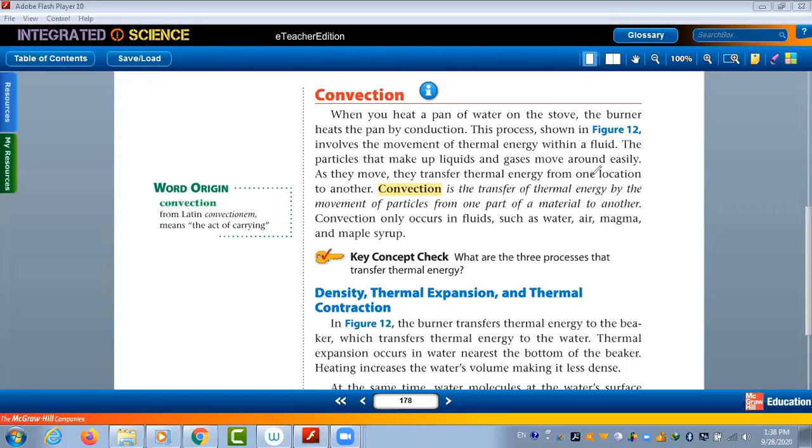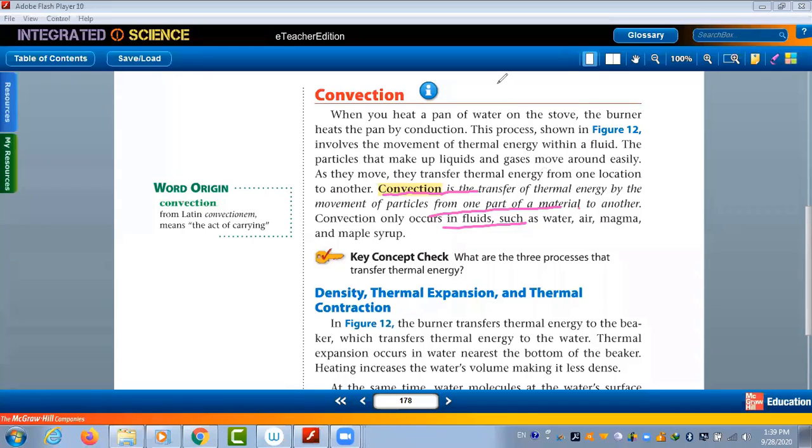The particles that make up liquids and gases move around easily. As they move, they transfer thermal energy from one location to another. Convection is the transfer of thermal energy by the movement of particles from one part of a material to another. Convection only occurs in fluids such as water, air, magma, and maple syrup. Yes, so you can highlight these 3 lines.